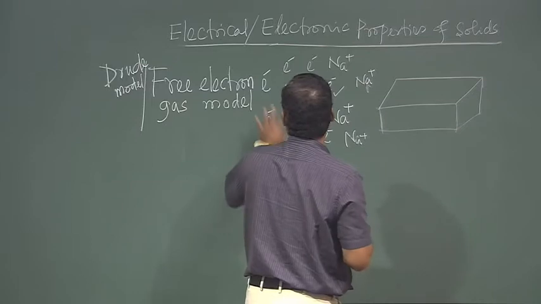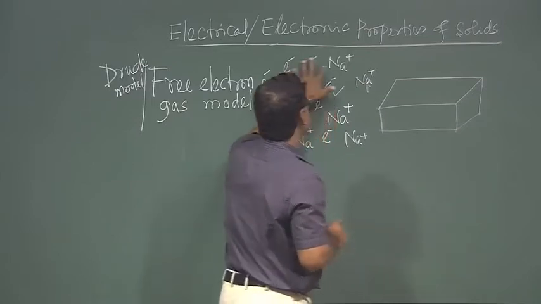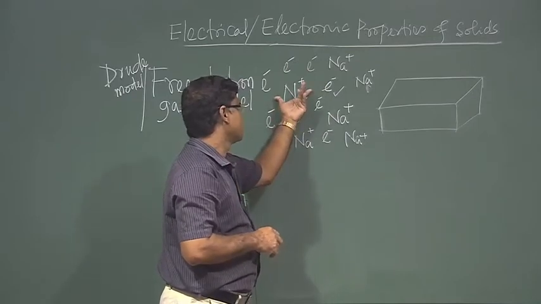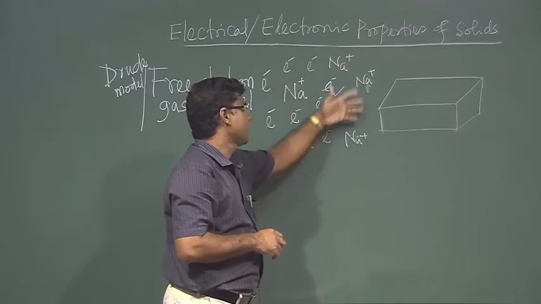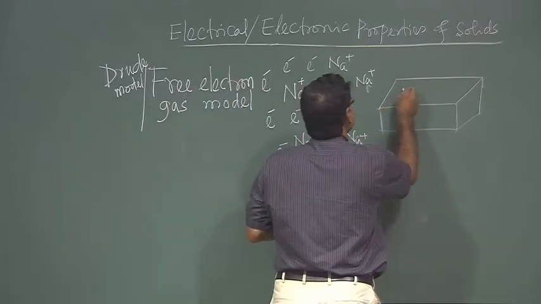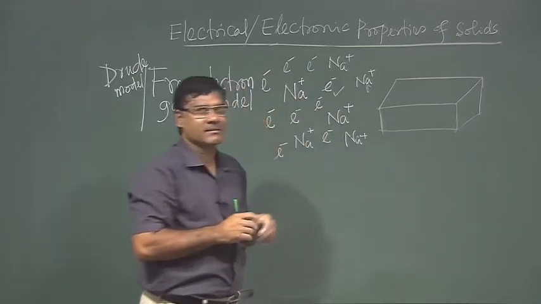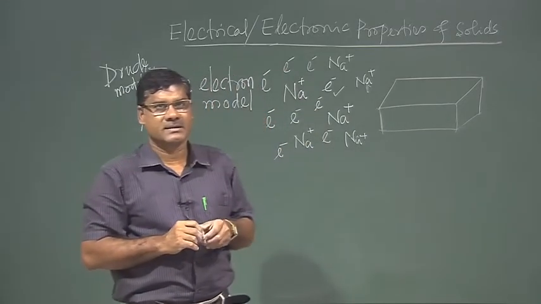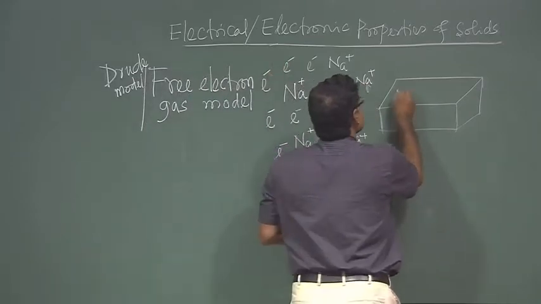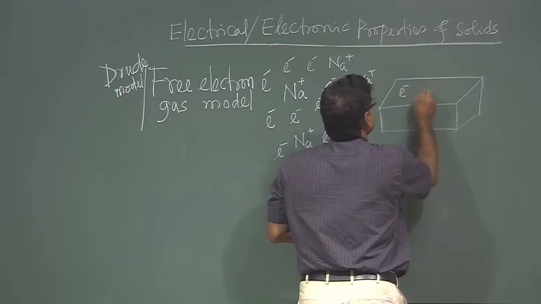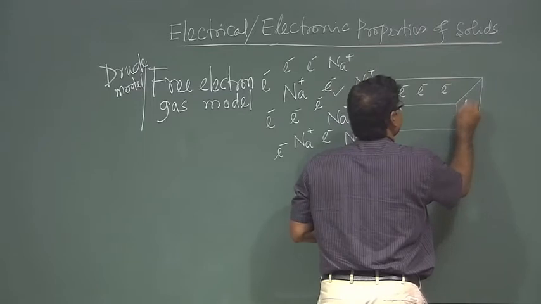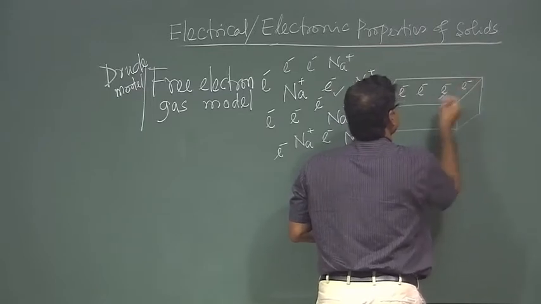Since these electrons are very weakly interacting with the ions, in this model this weak interaction is ignored and it is considered that in this metal these electrons are free.